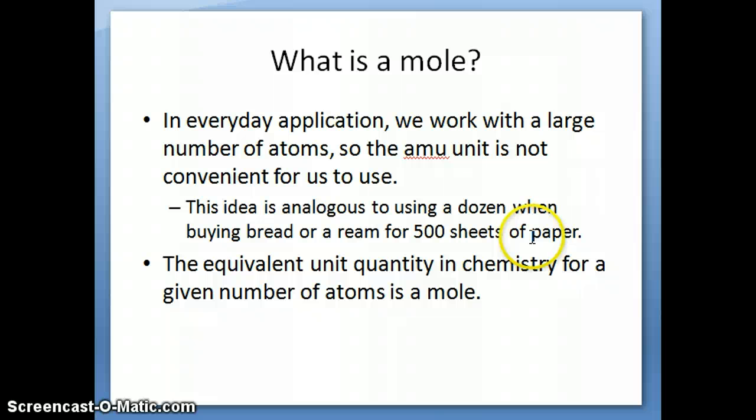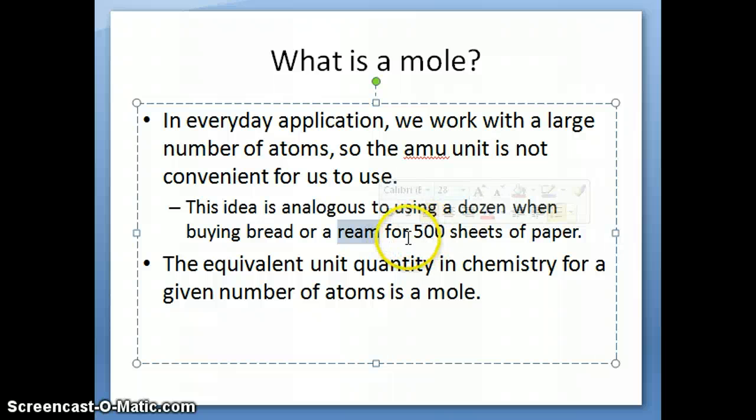Or sheets of paper. That's another analogous situation. You don't really go out and purchase one or two sheets of paper. You usually purchase them in the form of a ream, which is a unit that denotes 500 sheets of paper. So we have a similar situation with atoms because it's really impractical to talk about counting one or two atoms.